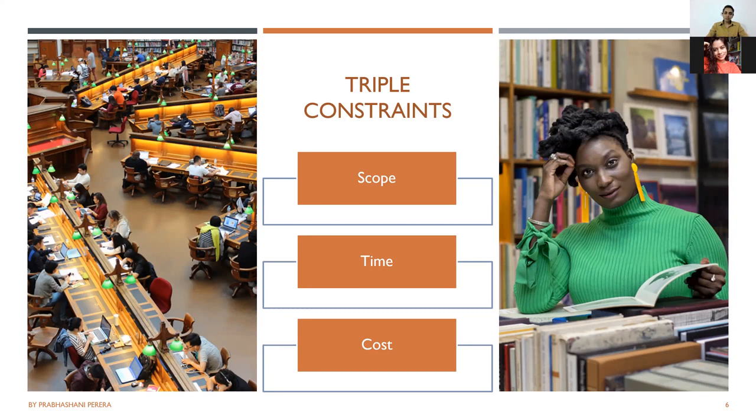These three constraints compete with each other. When you change your scope, it affects your time and cost. When you change your time, it affects your scope and cost. Likewise, the same with cost, right? So as a project manager, in order to manage your project, you balance these constraints out.